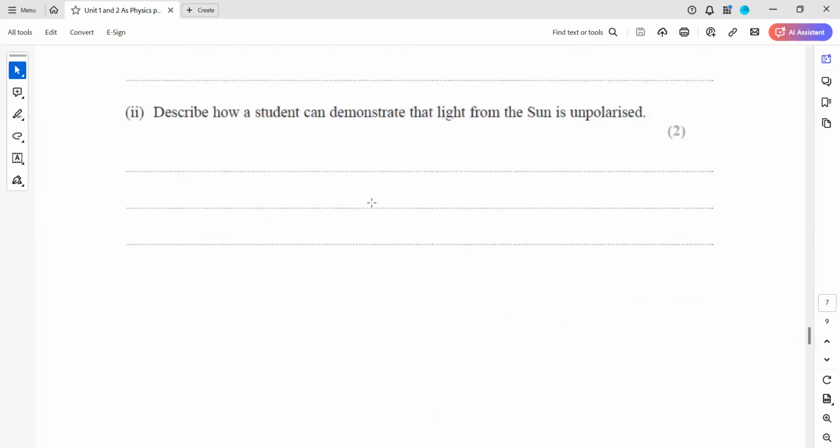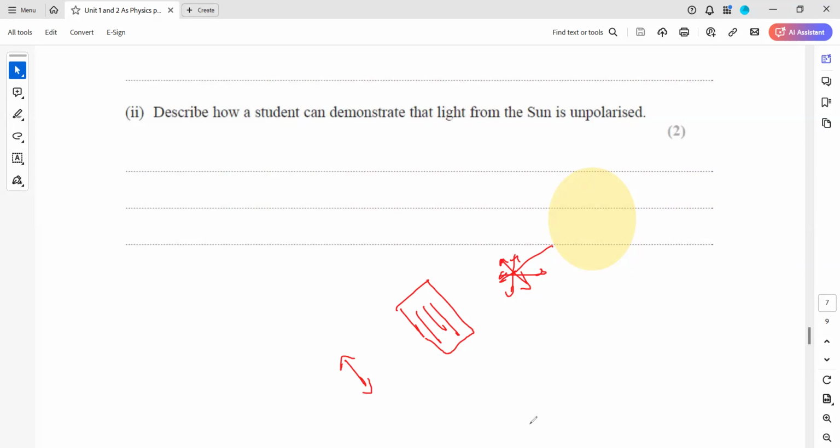Describe how a student can demonstrate that this light from the sun is unpolarized. So the light which is coming from the sun, how can a student demonstrate that this light is unpolarized, meaning it has multiple directions of vibration? The student can pass the light through a polarizing filter.